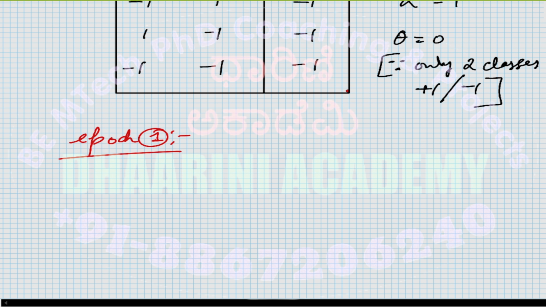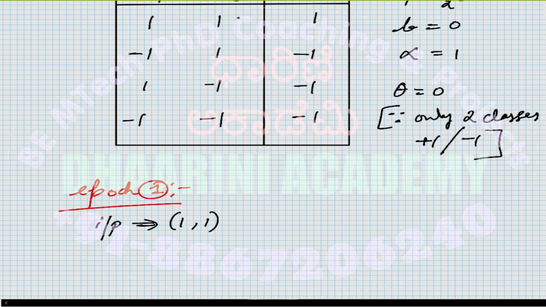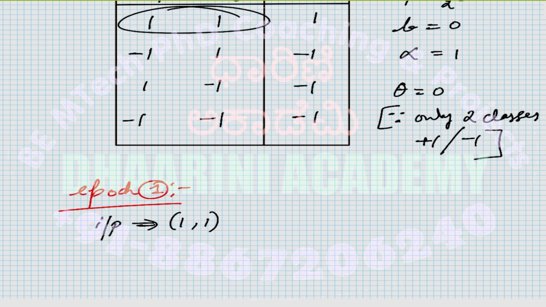So what is your input? Input is 1 comma 1, in the sense that out of the four sets of input, I'm giving this as an input and this is my target. When I give 1 1, I'm expecting the machine to give an output equal to 1.